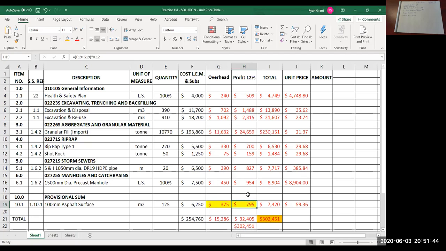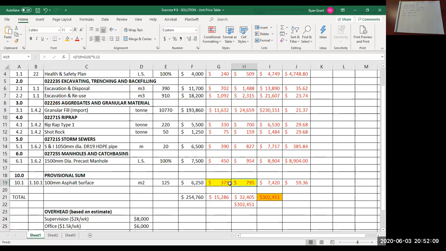You could still apply the profit to this provisional sum line item, because if you go ahead and do the work, maybe this is a subcontractor, you want to make some money on that sub doing their sub work. So you could mark up the provisional sum.